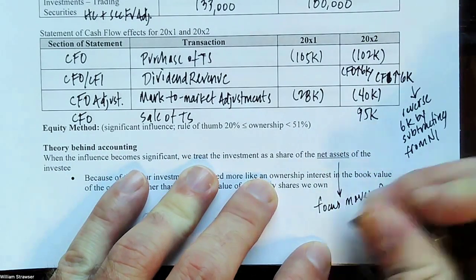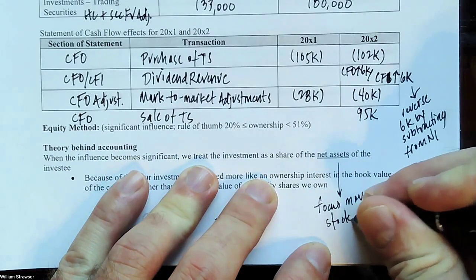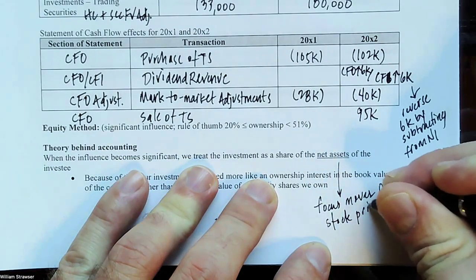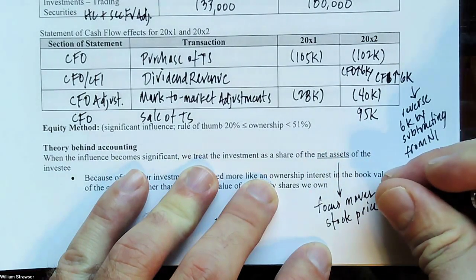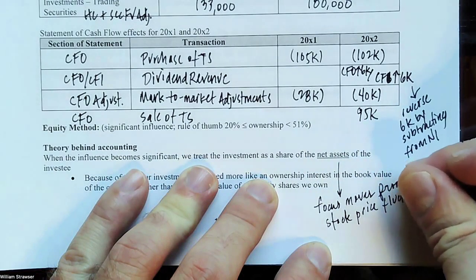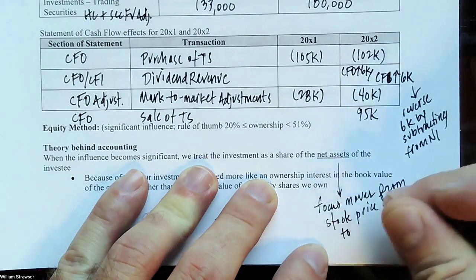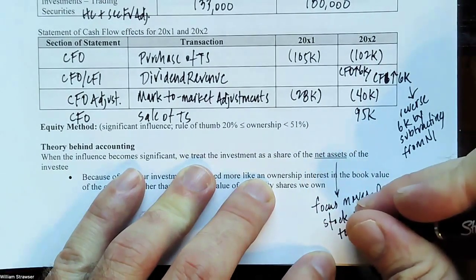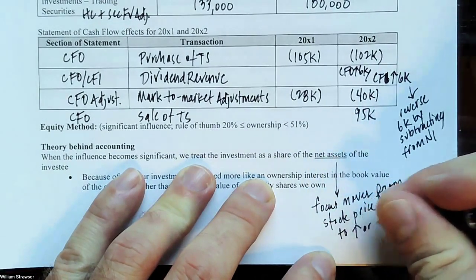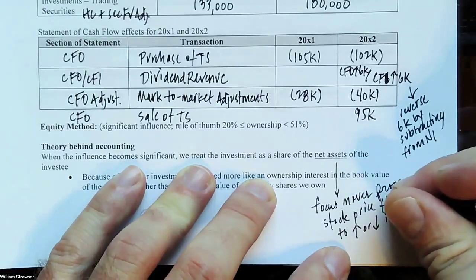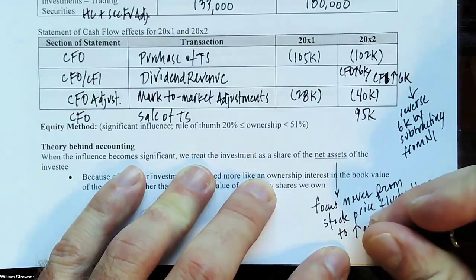So it moves from stock price movements or fluctuations to increases or decreases in the net assets of the company.